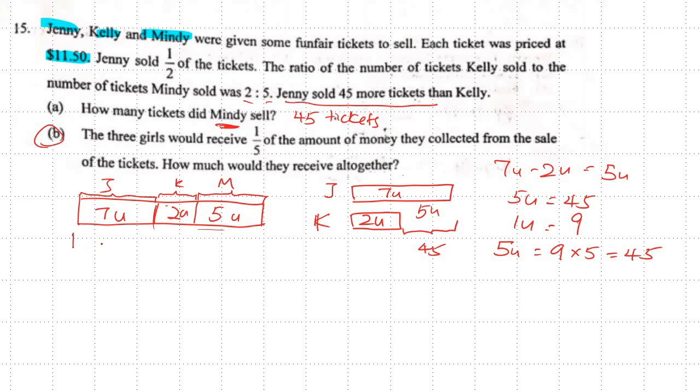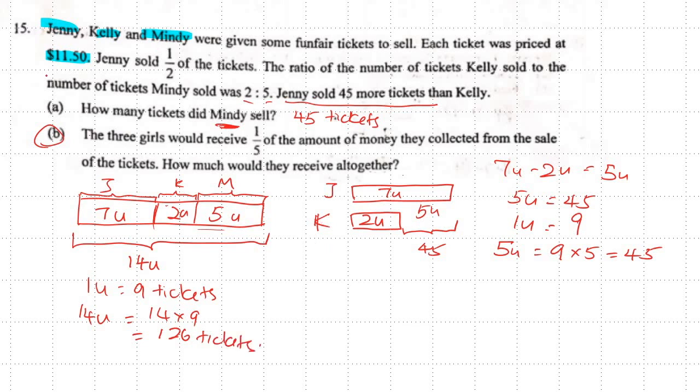So in total, the girls sold how many tickets? They sold 14 units of tickets. Since you already know that 1 unit is 9 tickets, 14 units will be 14 times 9, giving me 126 tickets.